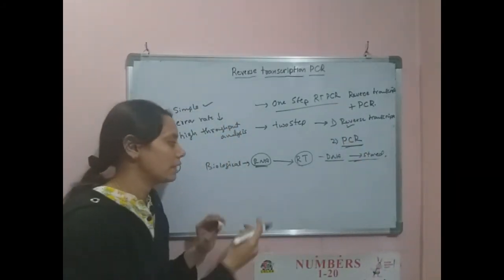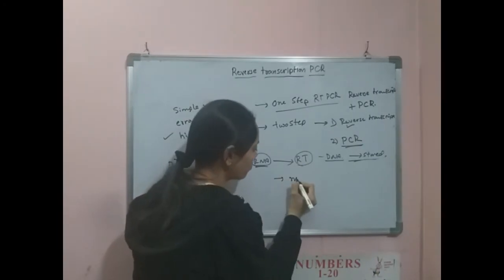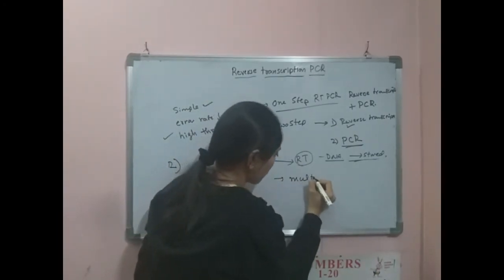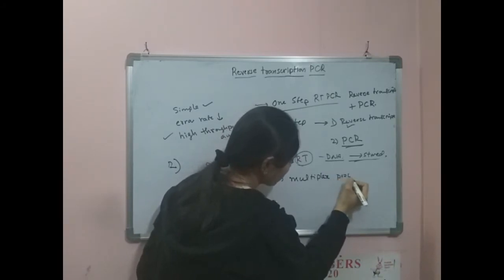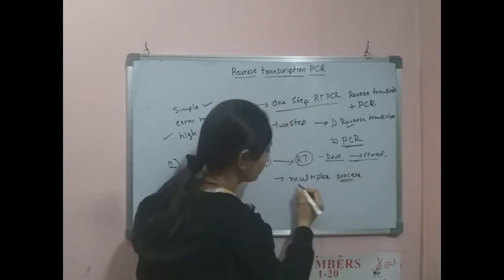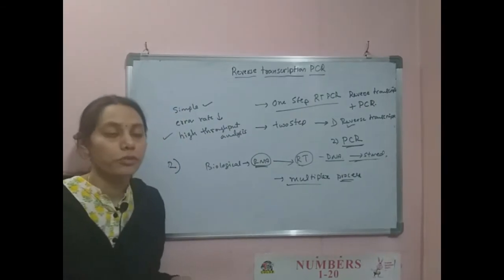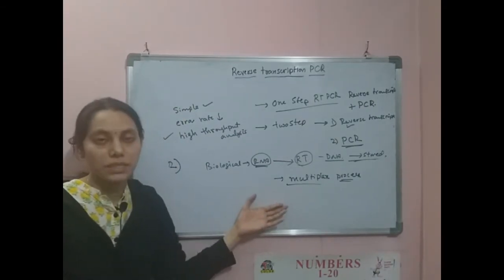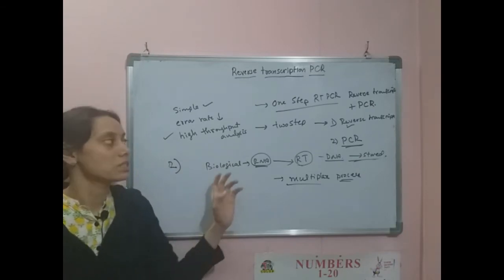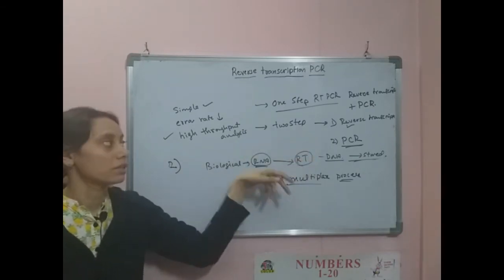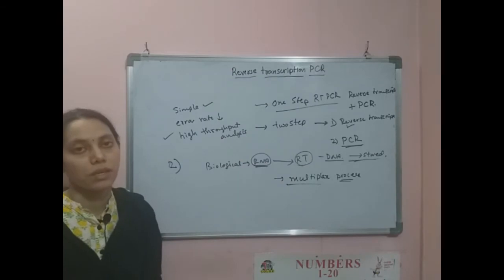And it is also applicable for multiplex PCR. So if you want to go for multiplex PCR or multiplex processes, then it is advisable to use two-step RT-PCR rather than single-step RT-PCR.